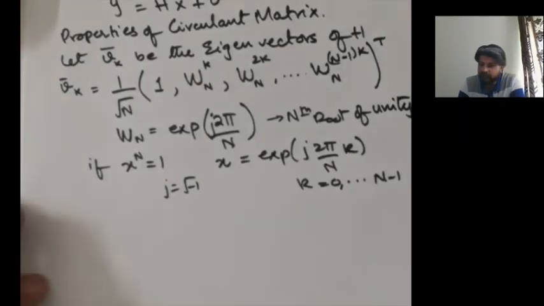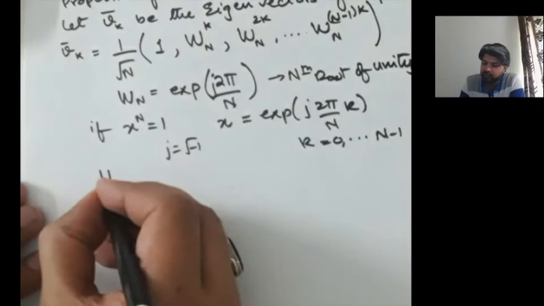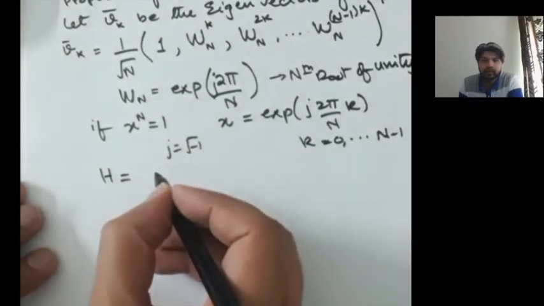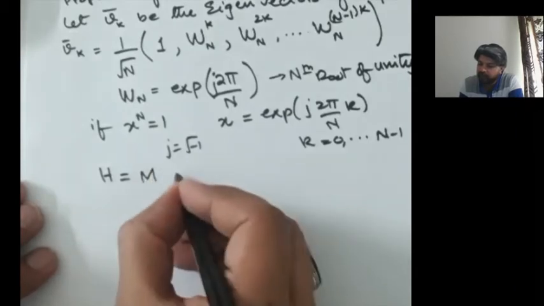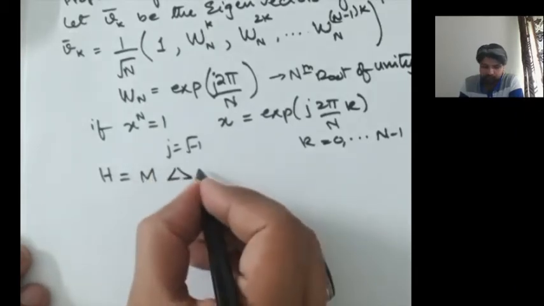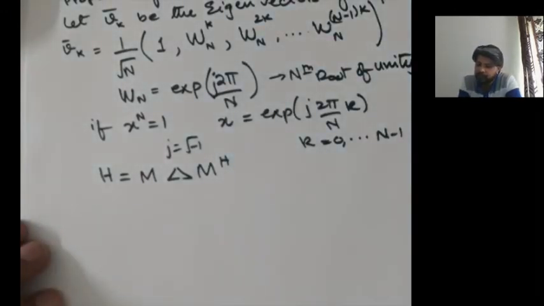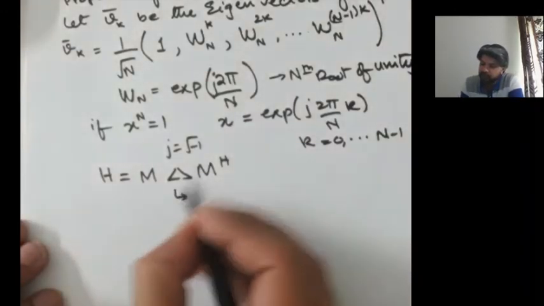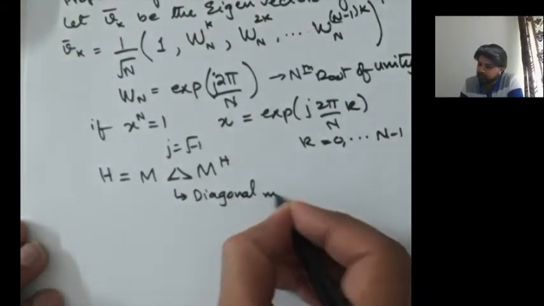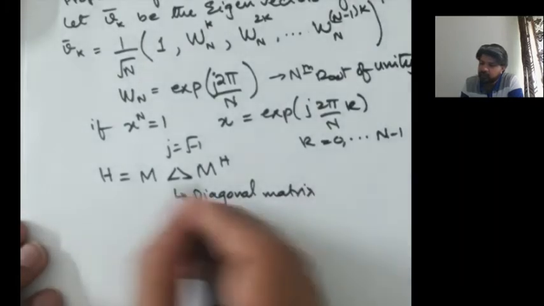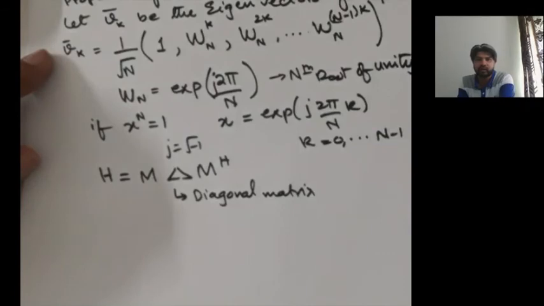So now let's carry out the eigenvalue decomposition of H. This H matrix, which is a circulant matrix, can be decomposed using eigenvalue decomposition into M delta M Hermitian, where this delta would be a diagonal matrix, and M and M Hermitian would be unitary matrices having these eigenvectors stacked in them.